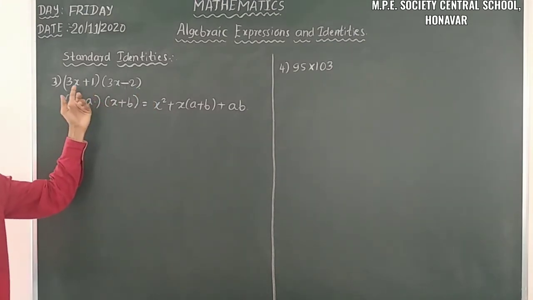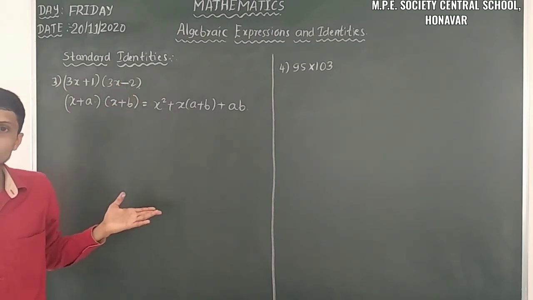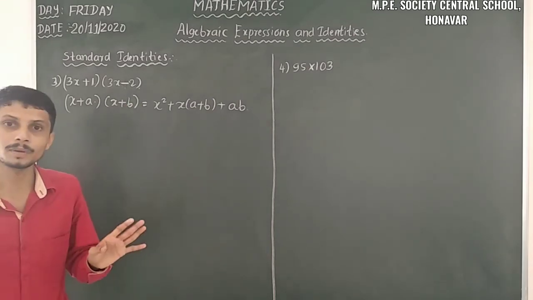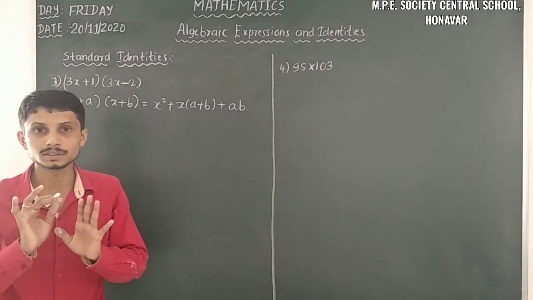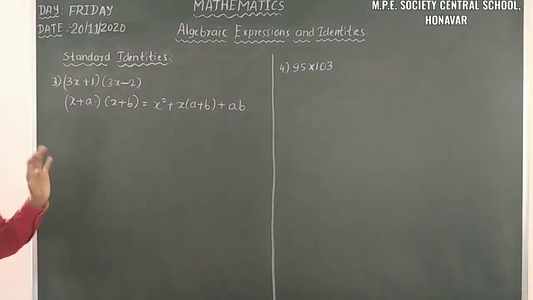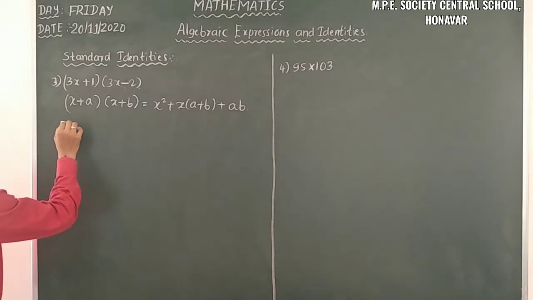Here I will take this 3x plus 1 and 3x minus 2. If it is plus 2, we can take b is equal to 2. If it is minus 2, we can take b is equal to minus 2. No problem. In those two cases, the same formula we can apply. Yes, so let's take this one. Here x is equal to 3x.